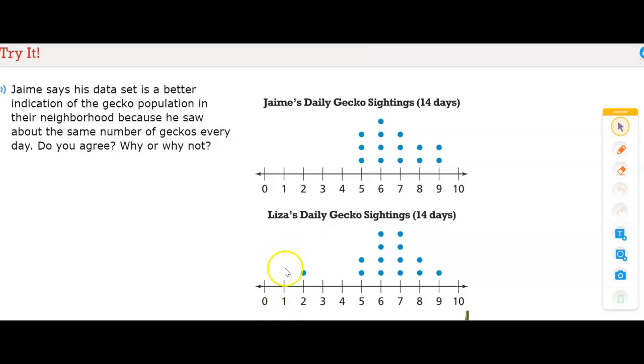On that one day that Liza saw the 2, that's not usual for her, for the neighborhood. So that would be just kind of like a one-off or an anomaly, which they call an outlier in math. So I do agree that Jamie's data would be a better representation of that gecko population in his neighborhood.